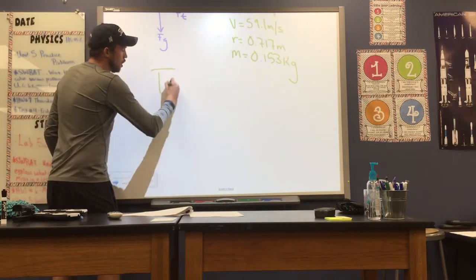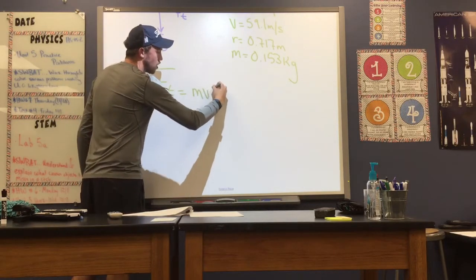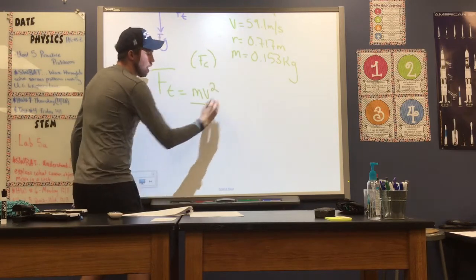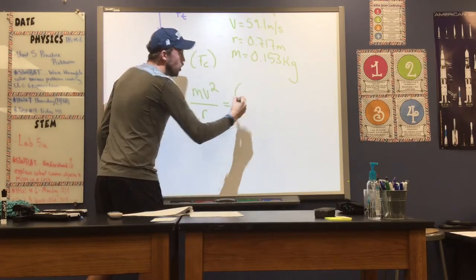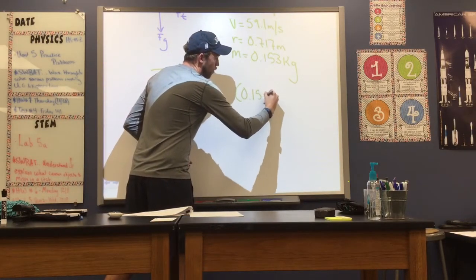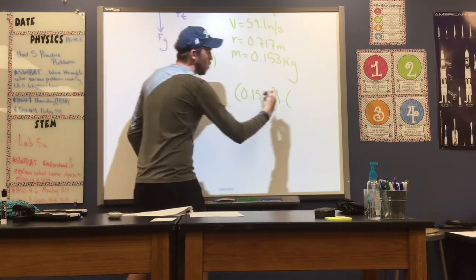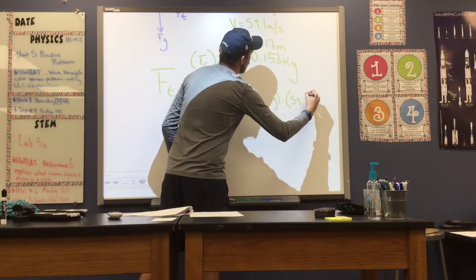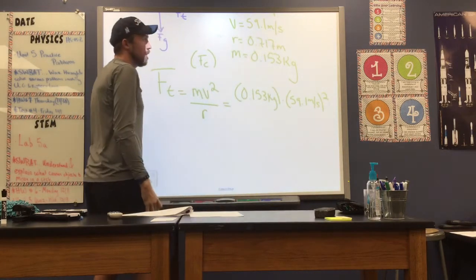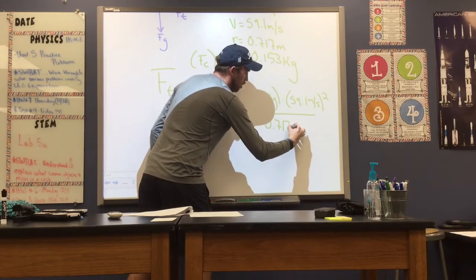Remember, our tension force is our centripetal force, so it's equal to mv squared over r. This is our FC, right? So now we'll plug in our new mass. Well, not new, but new to us, because we've just found it. 0.153 kilograms times our velocity squared, 59.1 meters per second squared, divided by our radius, 0.717 meters.